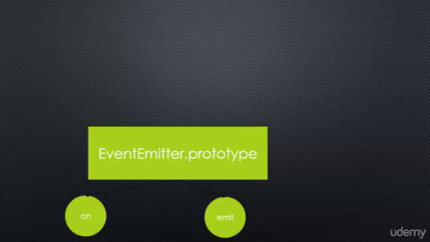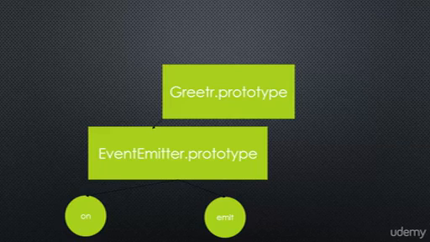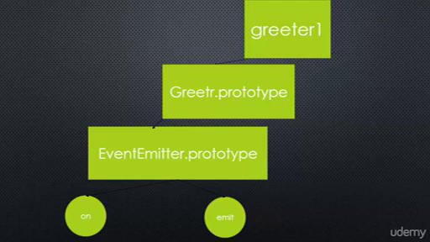So we used util.inherits, which essentially said, I'll take this other type of object that does other things that you want, and its .prototype property will have as its prototype the event emitter's prototype property. So it set up a small prototype chain. And then when we said new greeter, that's what we get.